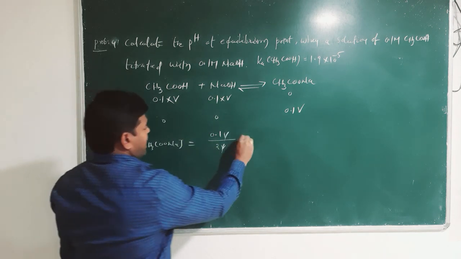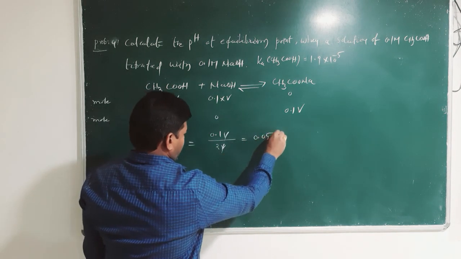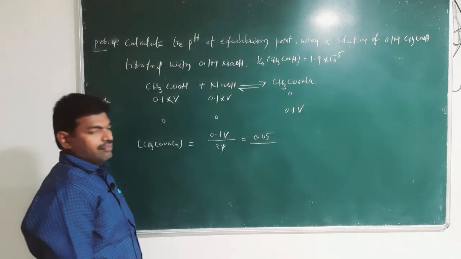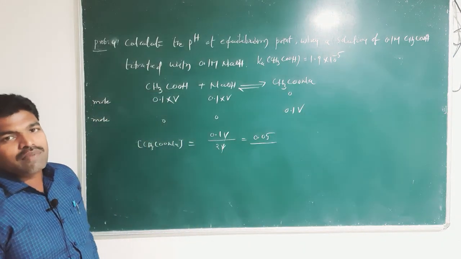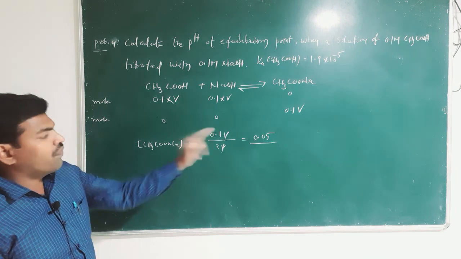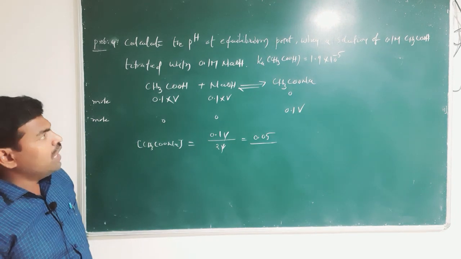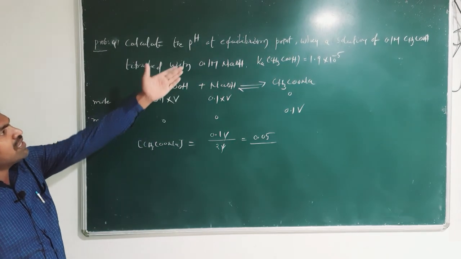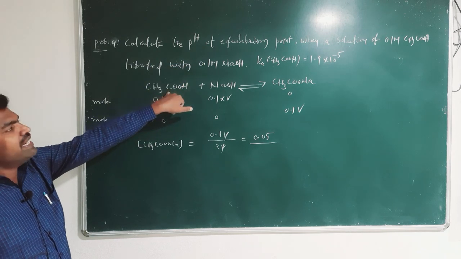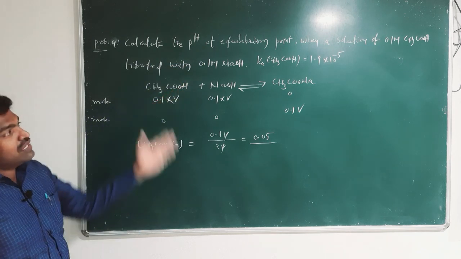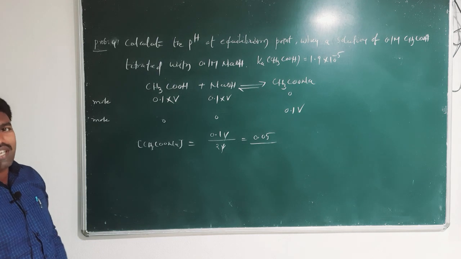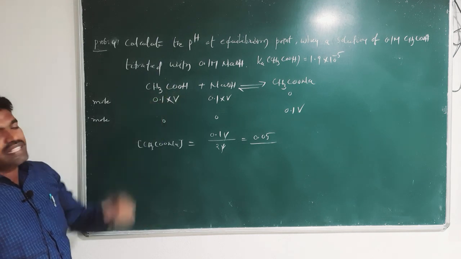So, V gets cancelled, and the concentration is 0.05. Now, this is the salt from weak acid and strong base, and this resulting solution is basic in nature because the strong base is here.